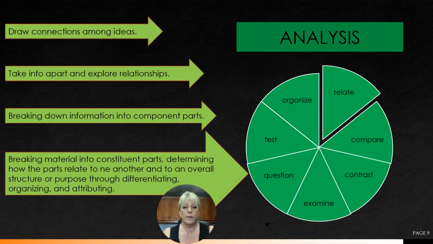Now, this next step is where they must draw connections between ideas, in the analysis level of Bloom's taxonomy. They can differentiate, organize, relate, compare, contrast, examine, question, or test their knowledge. Critical thinking finally comes into play at this level as the student distinguishes between fact and opinion and breaks information down into component parts.